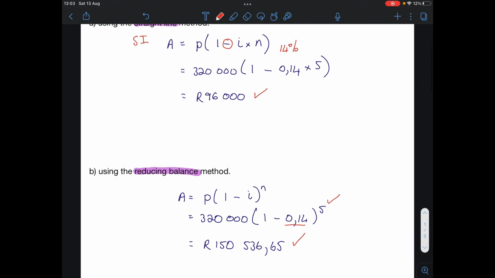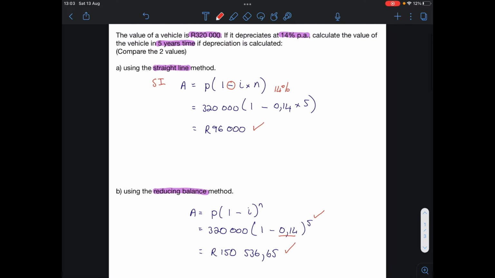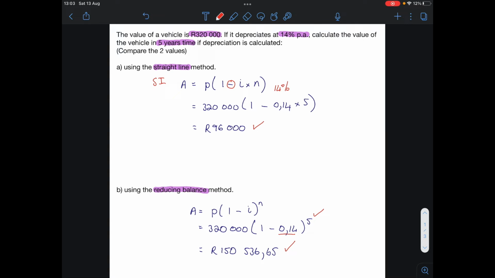Now if we compare these two values, with straight line depreciation, the value of the vehicle after 5 years is 96,000, and the value using the compound reducing balance method is 150,000.